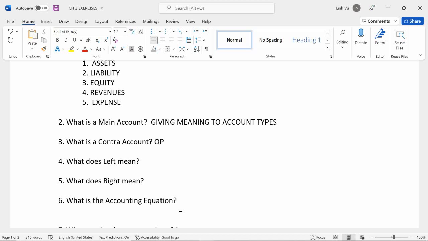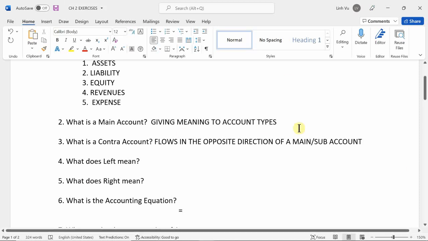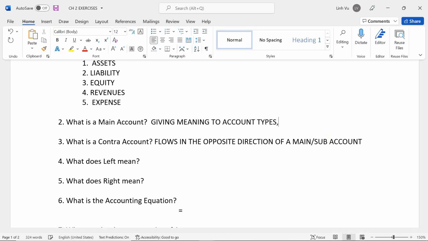Opposite of what? So it flows in the opposite direction of a main or sub account. So again, if I have a debit in one account, that means the contra account is going to be a credit. So in this case, to tack on a little more information to the main account, I'm going to say flows in a specific direction.